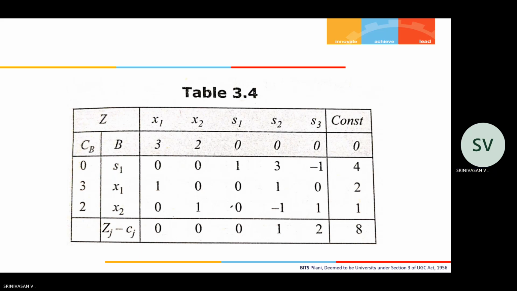So, what is that optimal solution? Actually, 8 is going to be the maximum value of your objective function Z that is available in your question. And what are the other solutions?